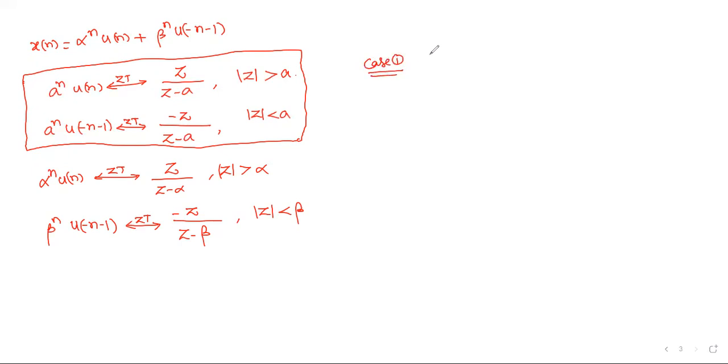Case 1, if alpha is greater than beta, what is the resultant ROC here? Mod Z greater than alpha intersection mod Z less than beta. Now see here, let us take alpha is 3 and beta is 2.